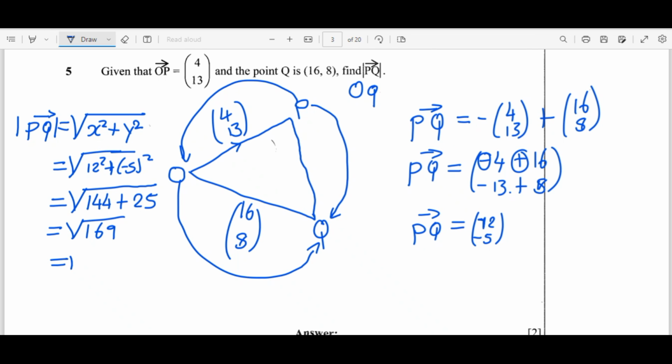The square root of 169 is 13. So just say units, because modulus is like the distance. That's why we define the vector as a quantity that has both magnitude, the size, in our case the distance, and direction, which is denoted by the arrow. So we'll end up at question 5.